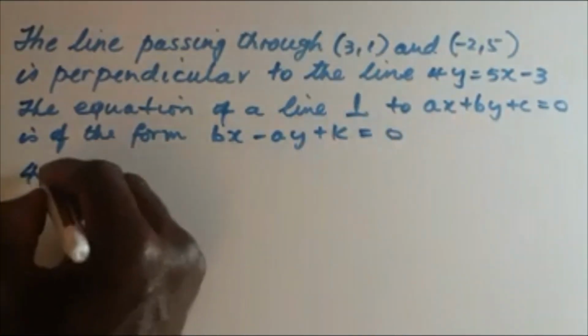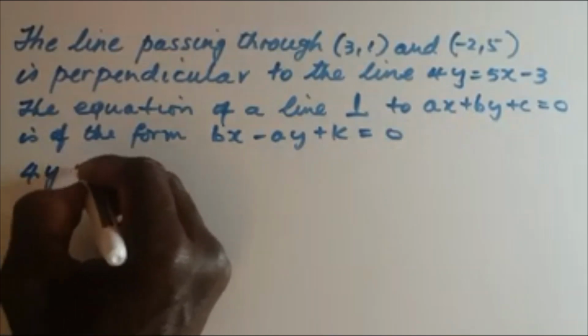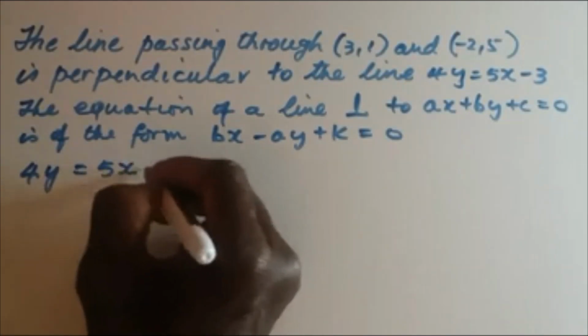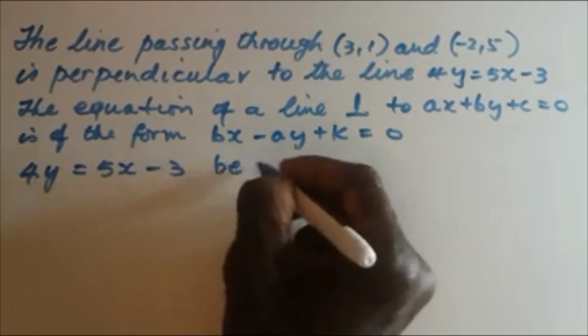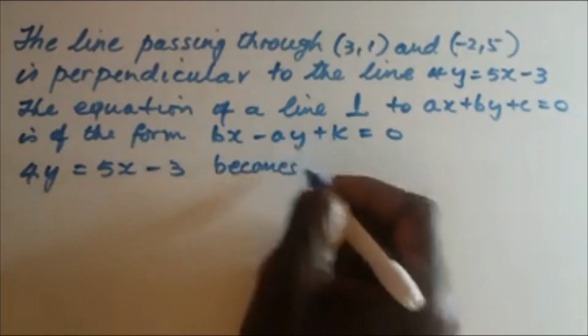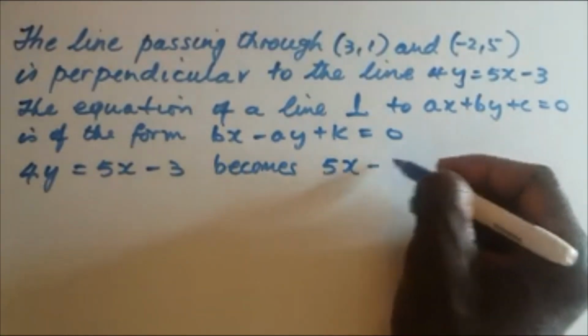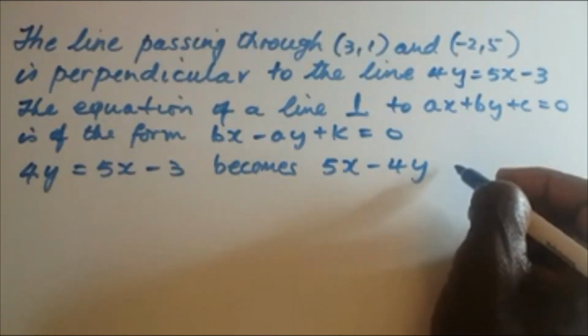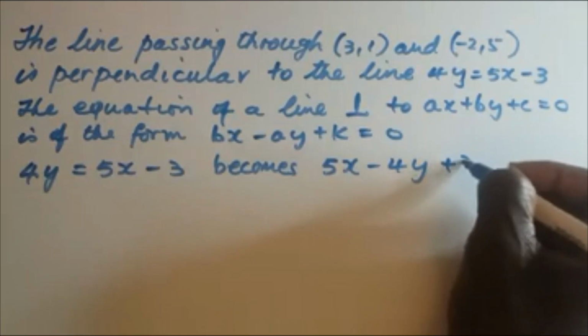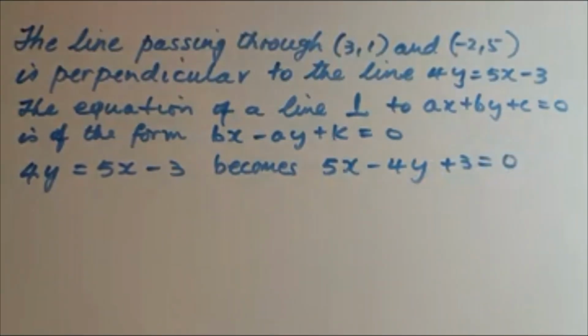So first we start with 4y = 5x - 3, and this becomes 5x - 4y + 3 = 0. So we just rearranged it in the form ax + by + c.